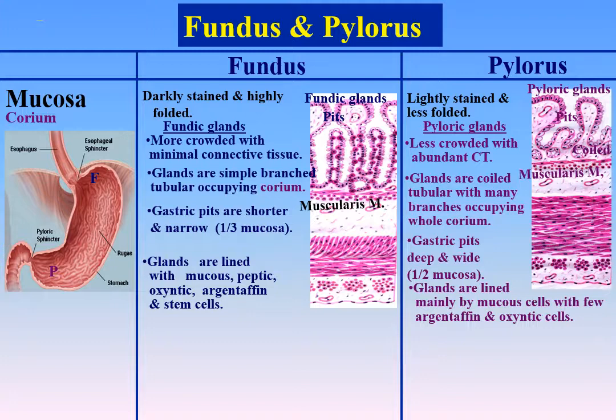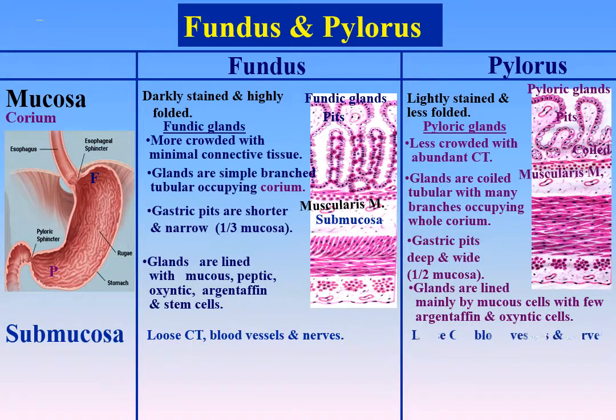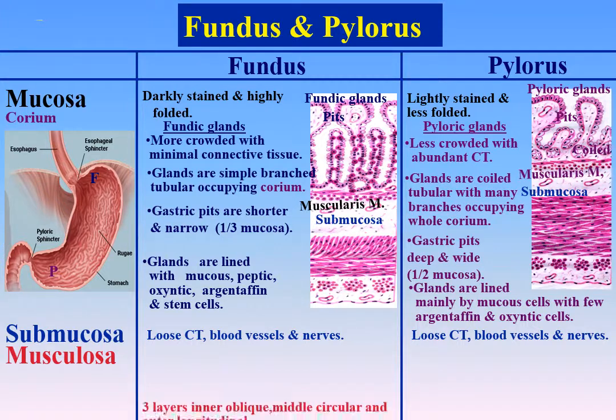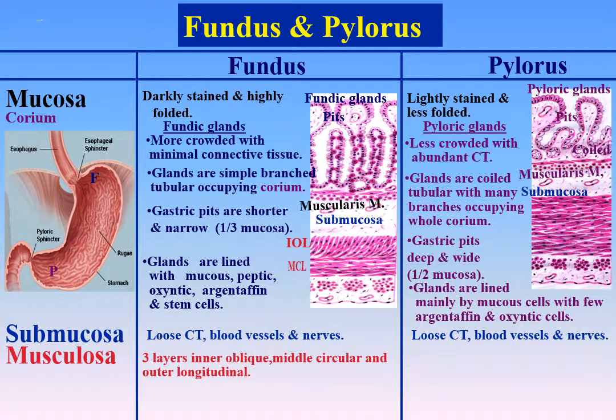Submucosa of the fundus is formed of loose areolar connective tissue with blood vessels and nerves. Submucosa of the pylorus is similar. Musculosa. Musculosa of the fundus is made of 3 layers: inner oblique, middle circular, and outer longitudinal.